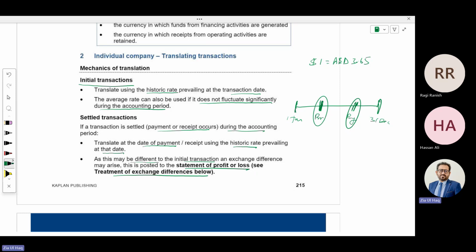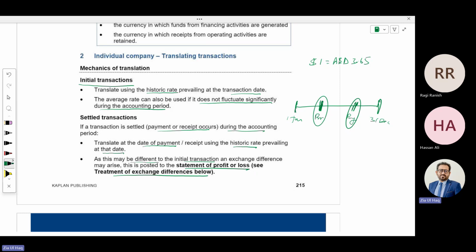So for an individual company, the initial transaction should be recorded using the historic rate. The average rate can be used, but only if there is no major fluctuation in the average rate. If there are too many fluctuations in the average rate, then we should always use the historic rate.